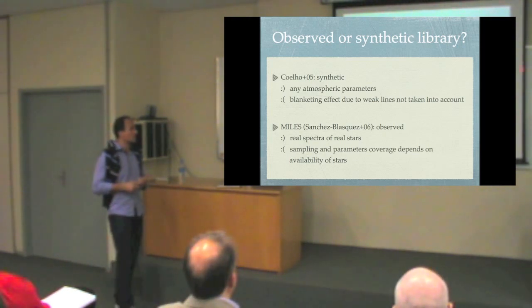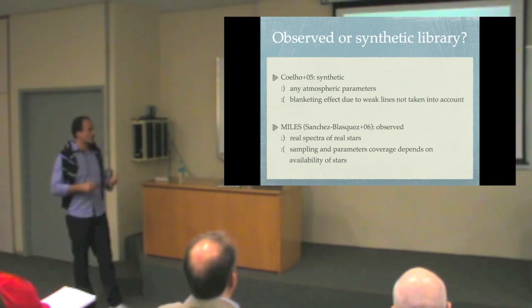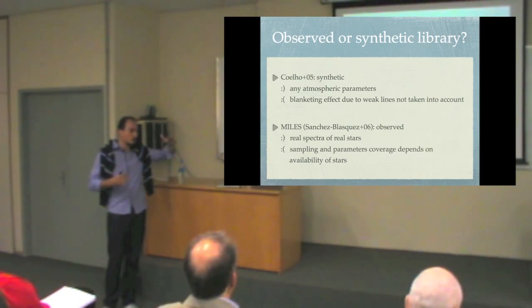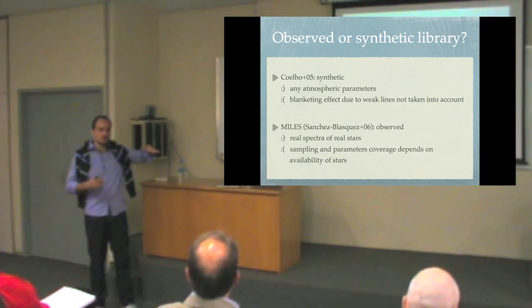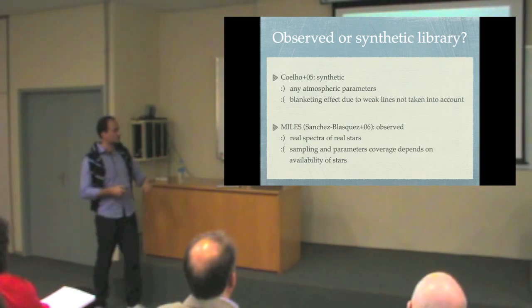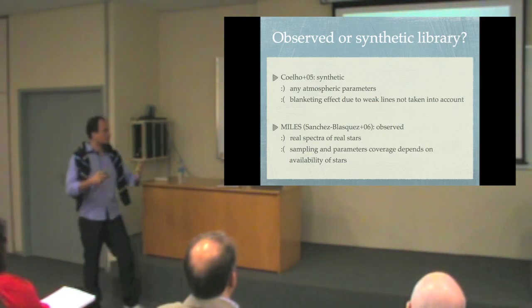However, for metal-rich stars there are some limitations, because there are many weak lines that are not taken into account. And so the continuum of the spectrum is not as low as the real spectrum expected for this metal-rich region.